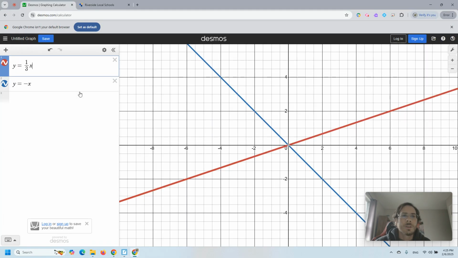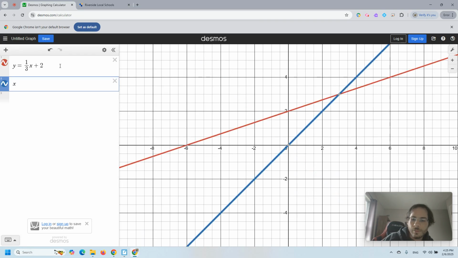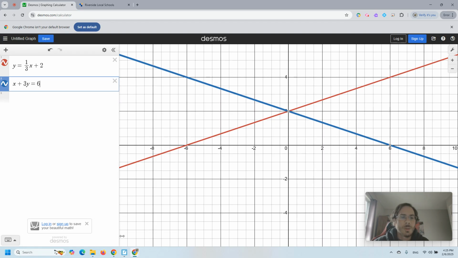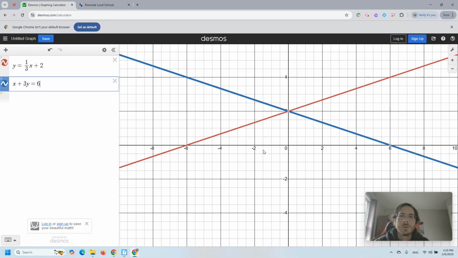Plus 2, and then x plus 3y equals 6. I'm going to double check to make sure I type that in right. x plus 3y equals 6. 1/3 x plus 2. All right, and if I look at my graph, I can see right there, there is a connection. So since they meet, that means we're going to have one solution.